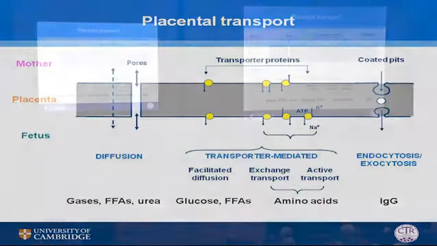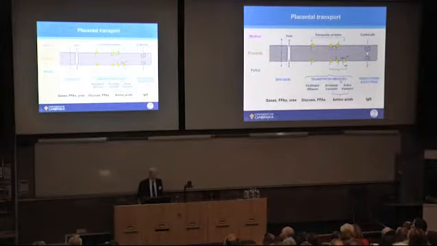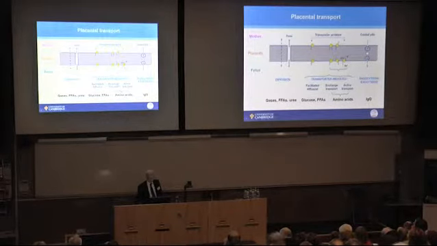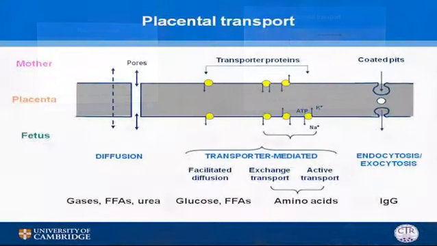We can have transporter-mediated exchange, where we have transporter proteins on the apical and basal surfaces of the trophoblast, and that can be subdivided into passive facilitated diffusion where there's no energy demand. Glucose is the classic example. Or we can have amino acid transport where there is a dependency on ATP. And then, as Tom has mentioned, we can have endocytosis, exocytosis.